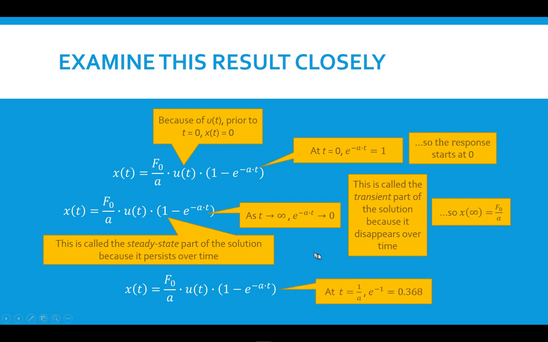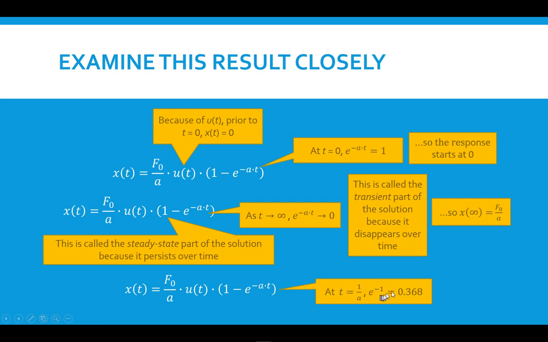Now, another interesting value of t is when t is equal to 1 over a. Notice what happens. That's a positive value, so this will be 1. But what happens here is we wind up with e raised to the minus a over a. So it's e raised to the minus 1.